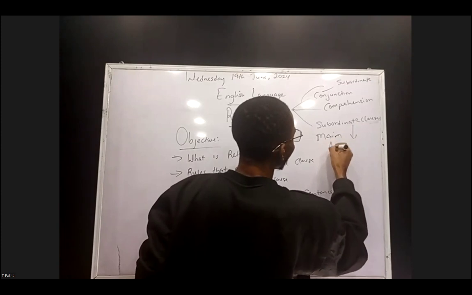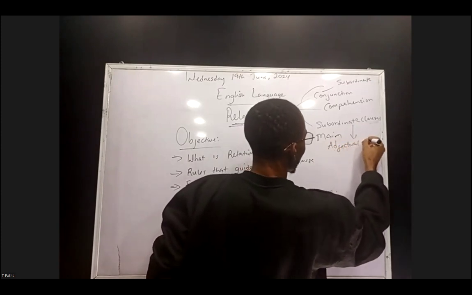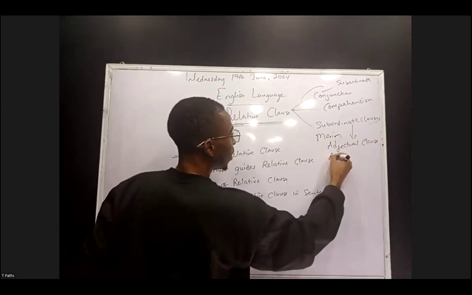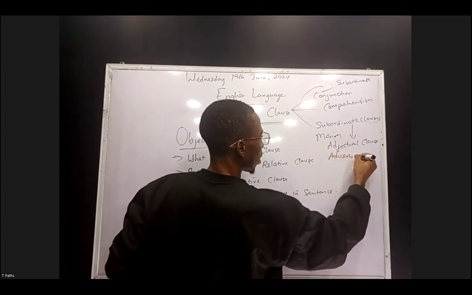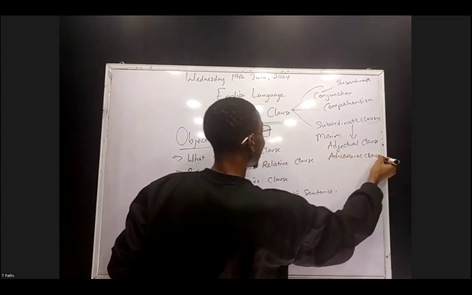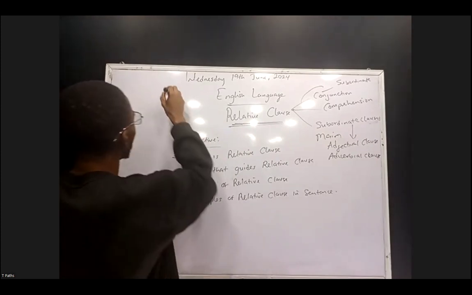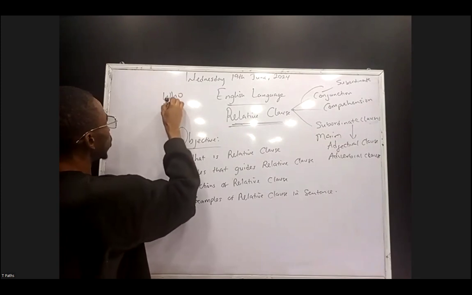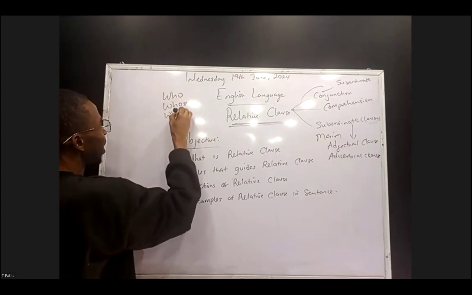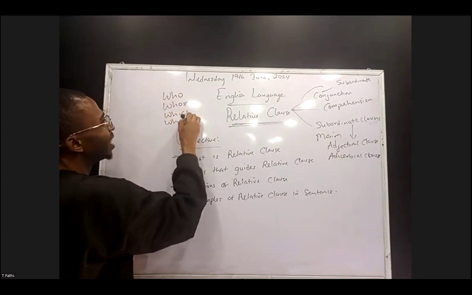At the same time, under the function of this subordinate clause, we'll be looking at the aspect of adjectival clause and adverbial clause. Now, can you see that this relative clause is more detailed than just looking at relative clause as a case of the words WHO, WHOSE, WHICH, WHEN? It is beyond that.